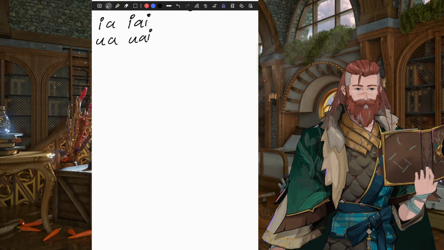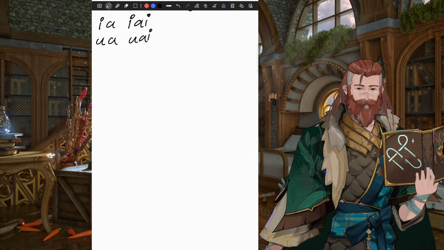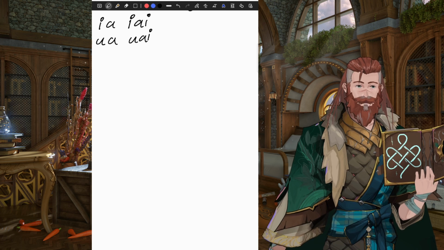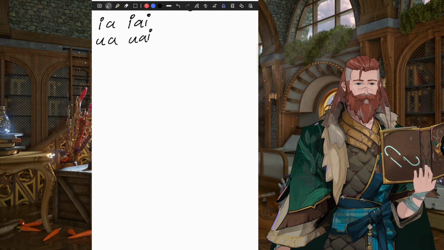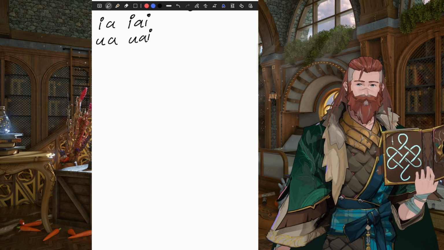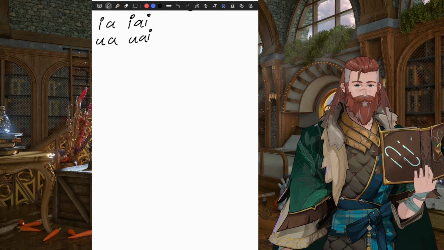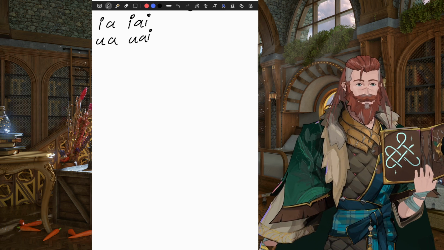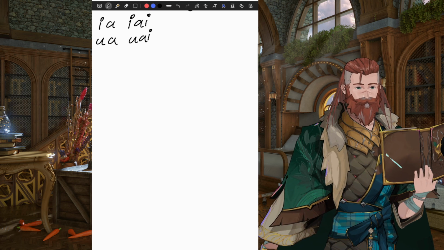Some of them are like 6 letters, using both vowels and consonants. How anyone came up with that system? Entirely beyond me. I couldn't even begin to guess how or why that came about. But it did.